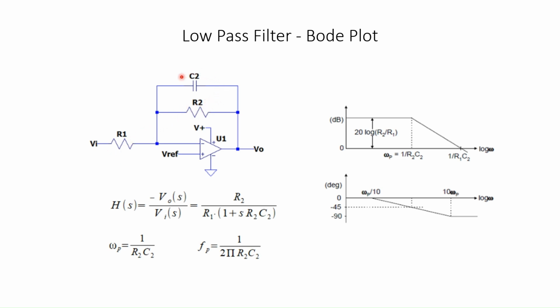With adding C2, it adds filtering as well. It became a first order filter, and minus VO by VI is given by R2 by R1 multiplied by 1 over 1 plus S R2 C2. It's minus because it's a negative gain amplifier.